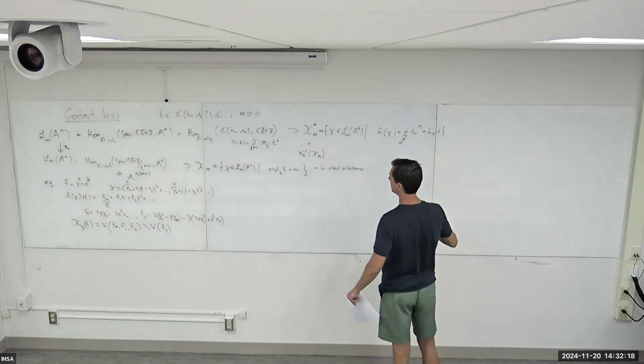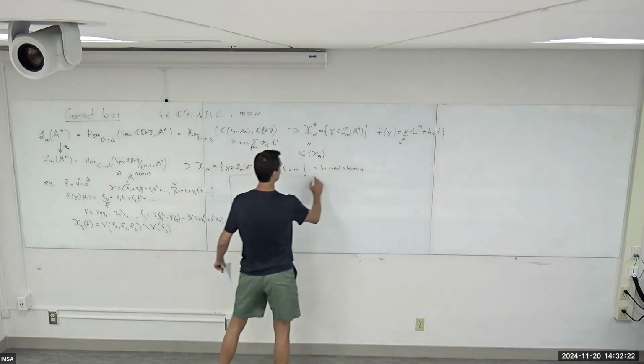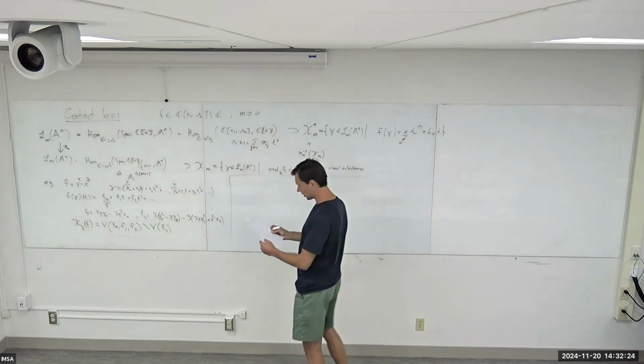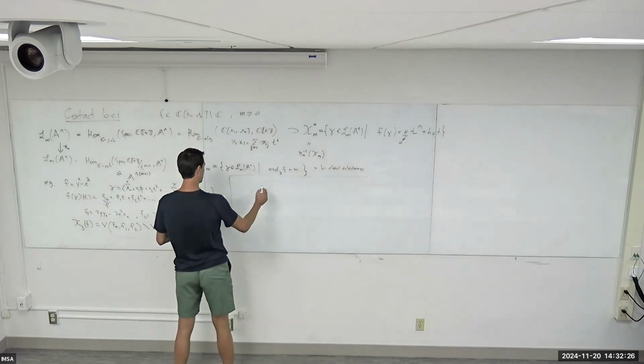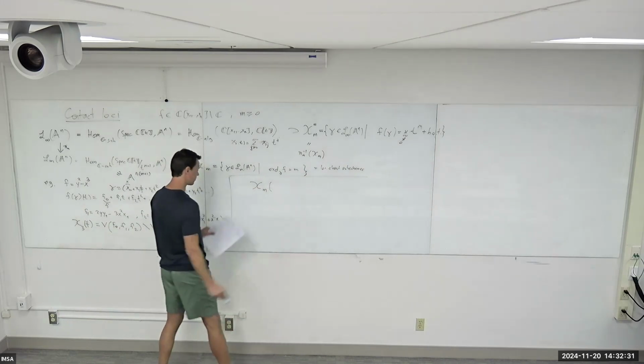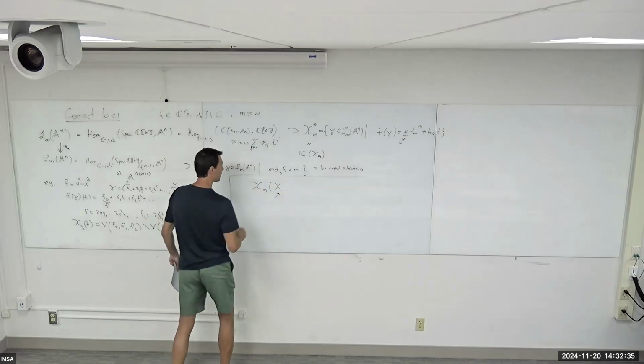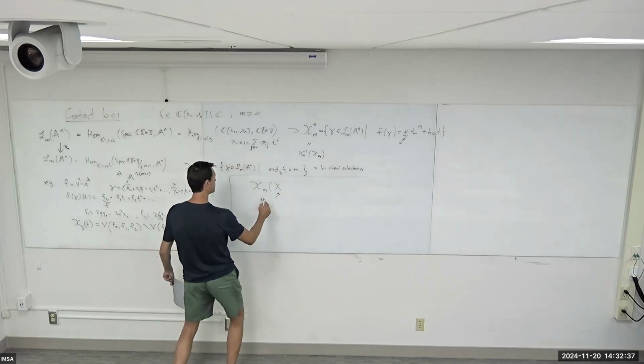So let me just mention now that this can be defined in a more general setup. And the general setup that we aim for is the following. So we can define the m-th contact locus of arcs in a smooth complex algebraic variety.